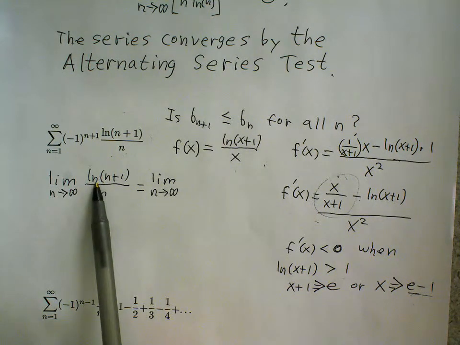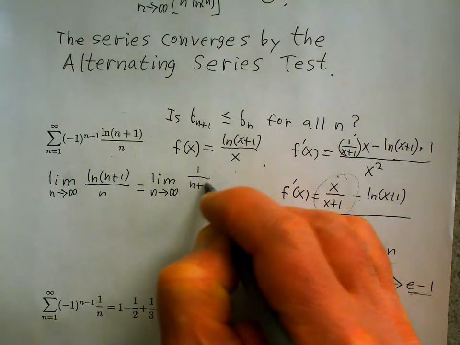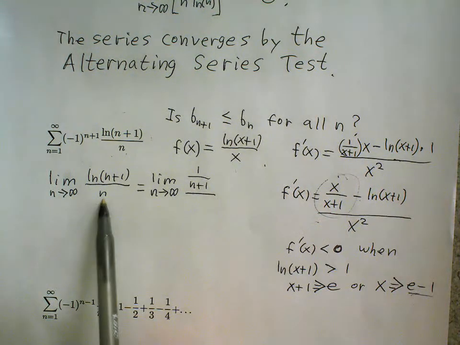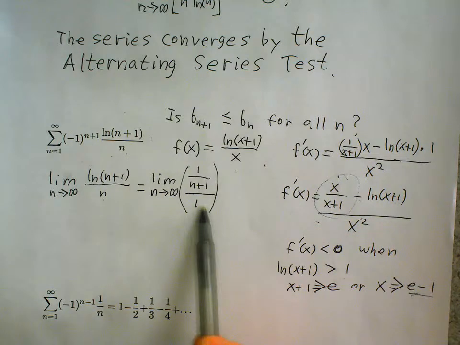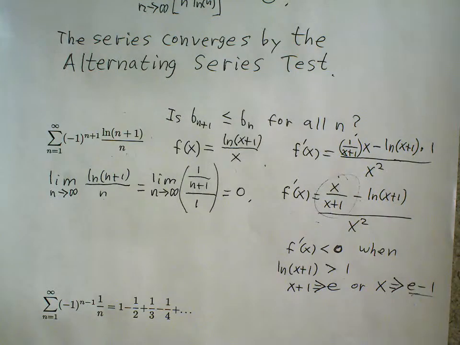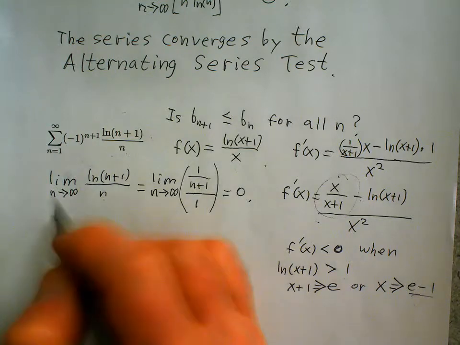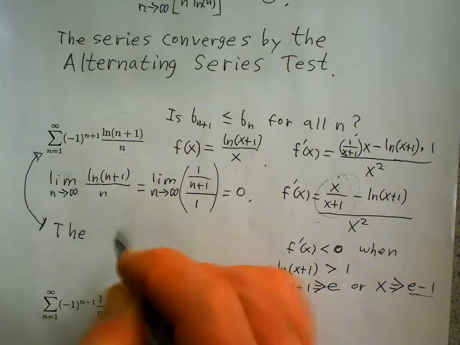The derivative of the natural log of n plus 1 is 1 over n plus 1, and we divide that by the derivative of n with respect to n, which is just 1. And this limit, as n approaches infinity, is equal to 0. So both of the conditions of the alternating series test are satisfied, so we conclude that the series converges.